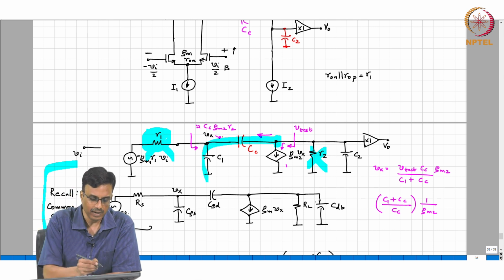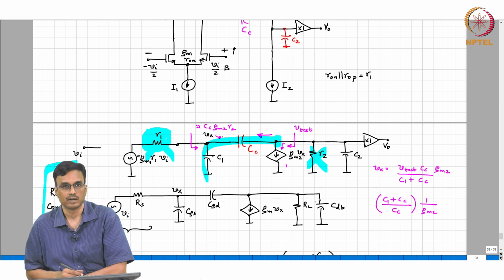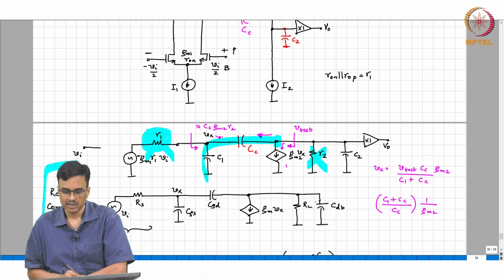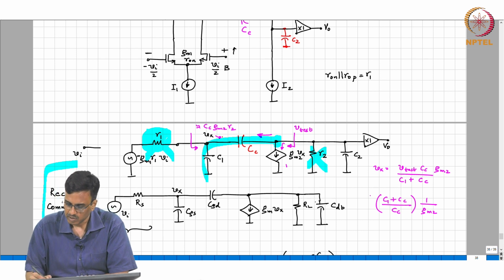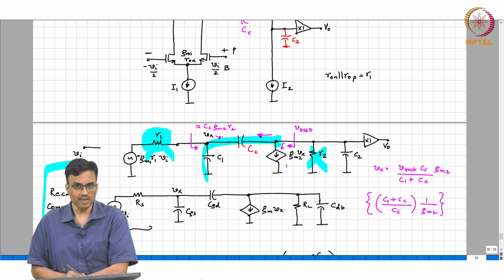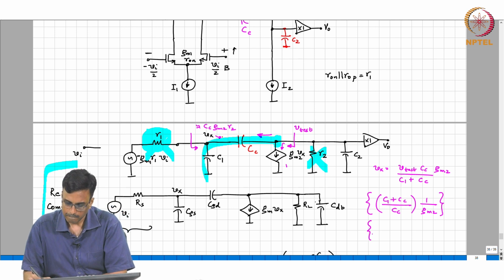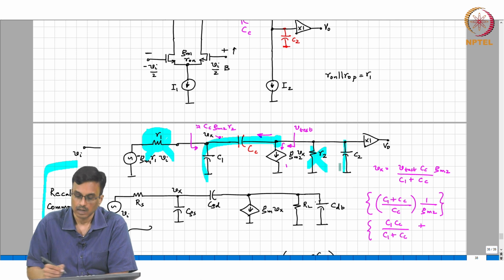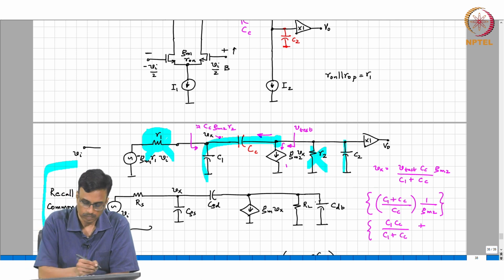So, what is the effective capacitance looking in there? C1 Cc by C1 plus Cc. So, what is the time constant associated with that node now? It is the resistance times C1 Cc by C1 plus Cc plus C2.